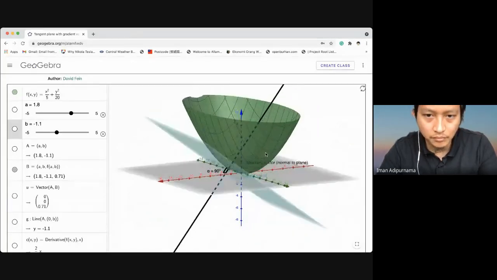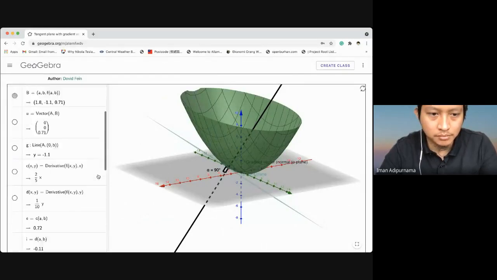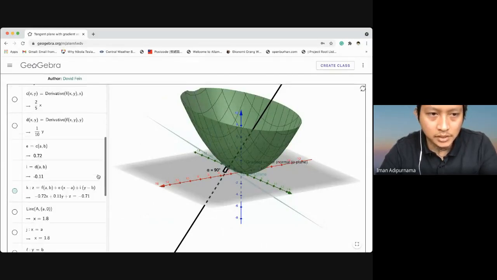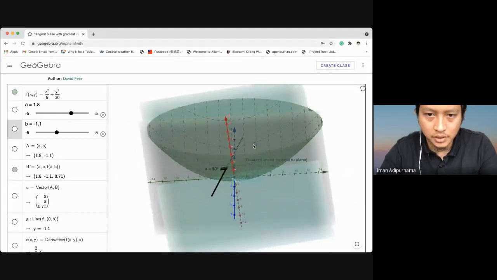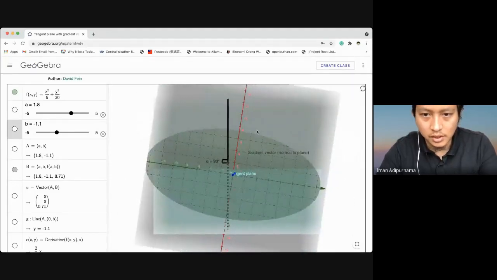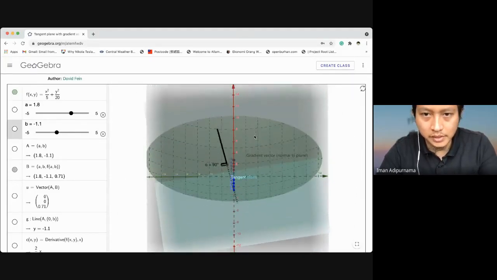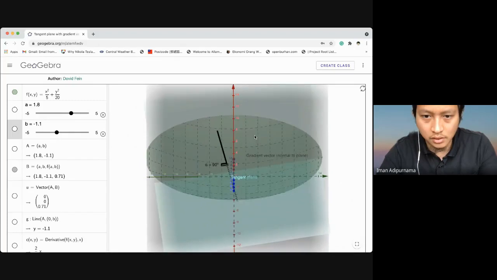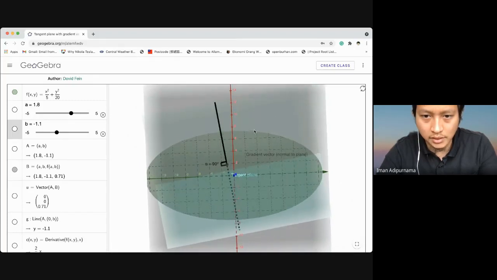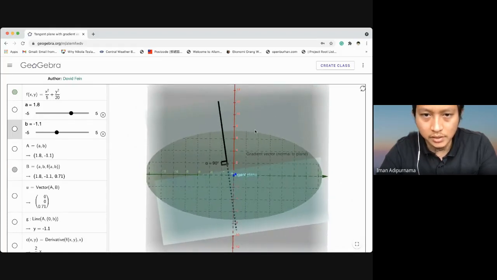Okay, so the tangent plane has two components. If you see here, it has a component of x and a component of y. So if you are looking at this xy axis like that, it has two components, on the x and y.